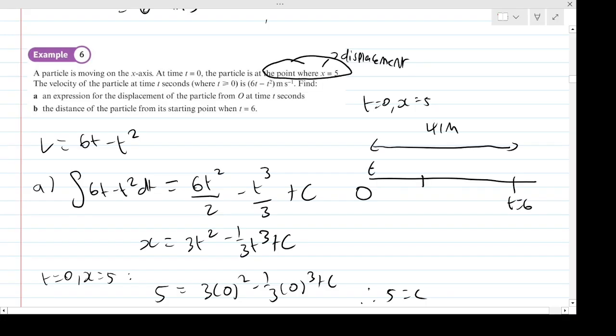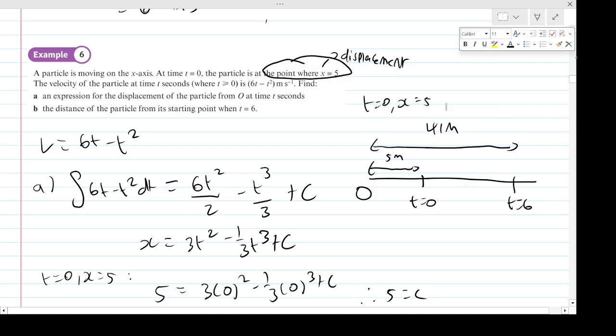This is 5 meters away from the origin when t is 0. So initially we're 5 meters away from the point 0. And then 41 meters is the displacement from O.